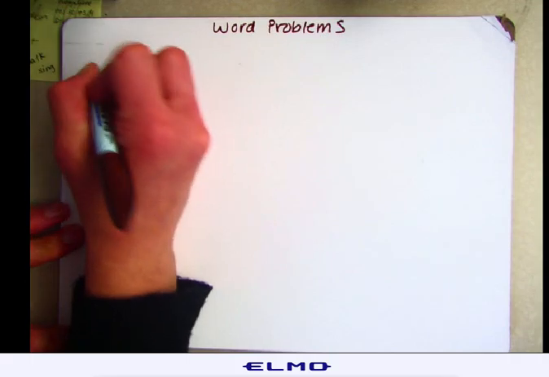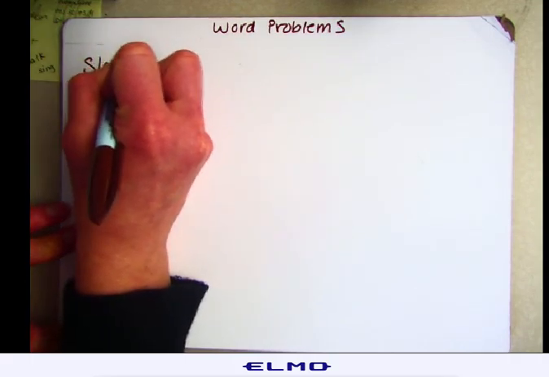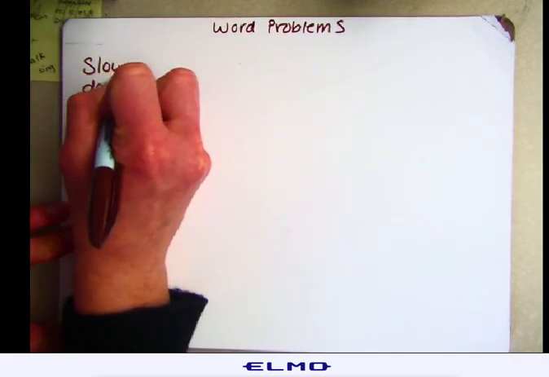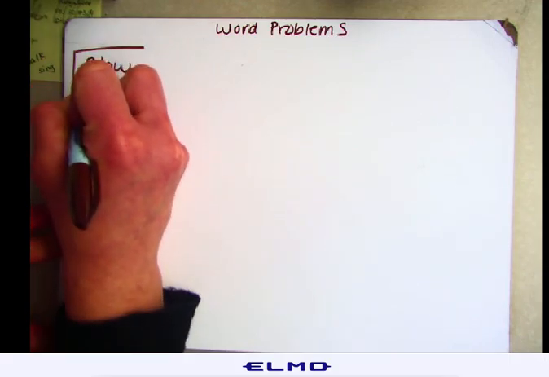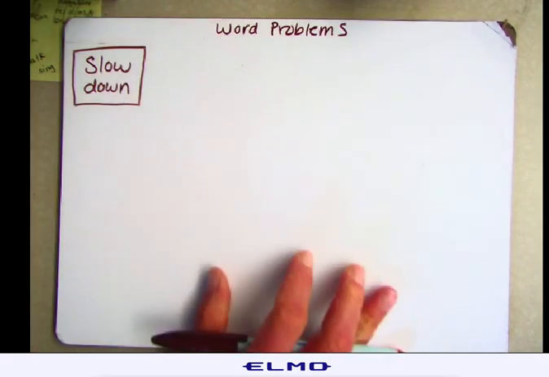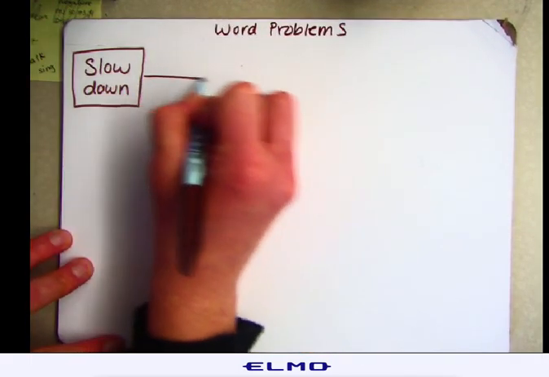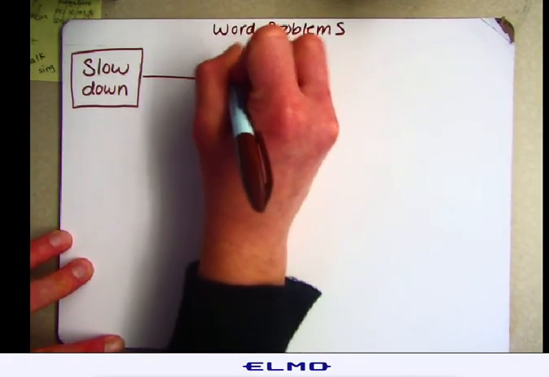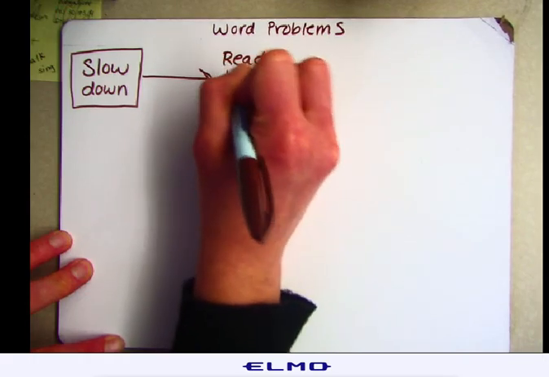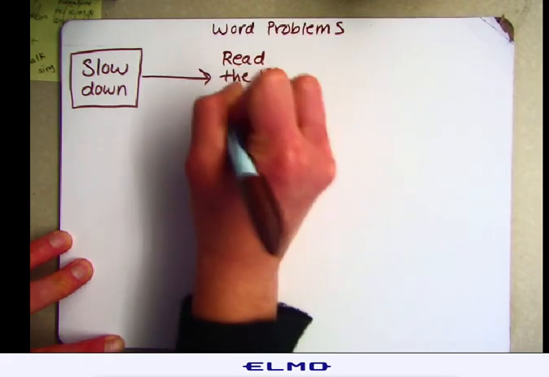The first thing you're going to do is slow down and work slow. The slower you work, the more you're going to understand it. The next thing you're going to do is read the first sentence.